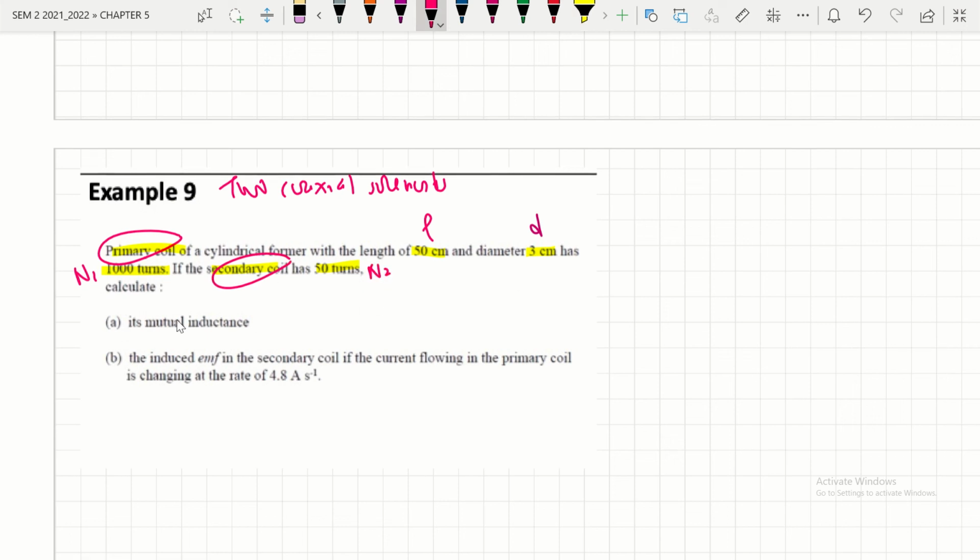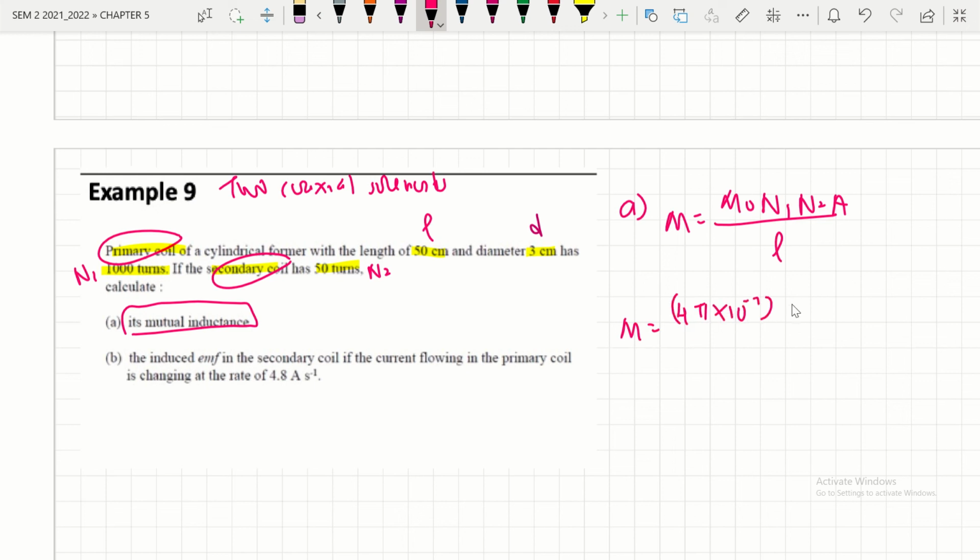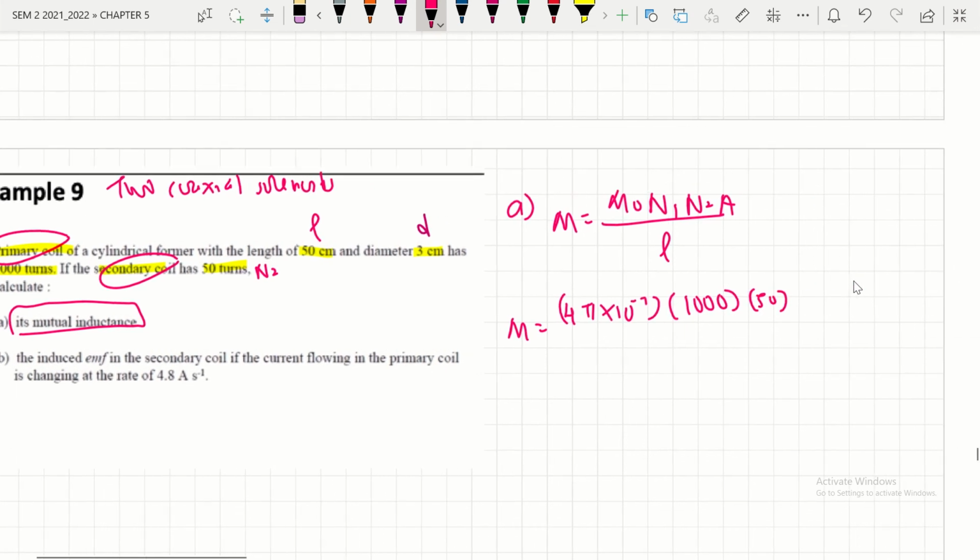The first question asks us to find the mutual inductance. As I told you, this is two coaxial solenoids, meaning you have two coils wound around the cylindrical former. So the mutual inductance is mu naught, number of turns of coil 1, number of turns of the secondary coil, times the area divided by length. We know mu naught is 4 pi times 10 to the power of negative 7, the primary coil has 1000 turns, and the secondary coil has 50. How do you find the area? Area is pi r squared.